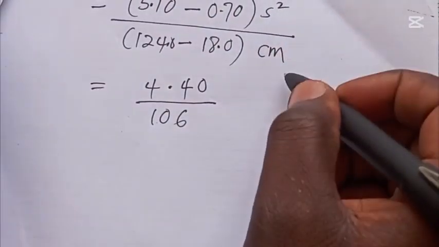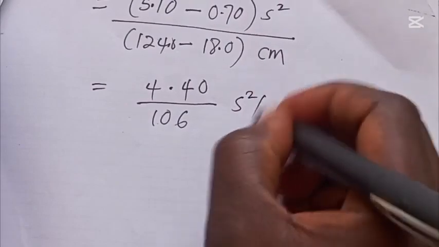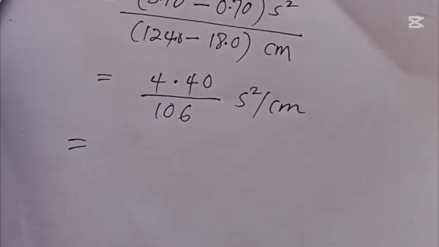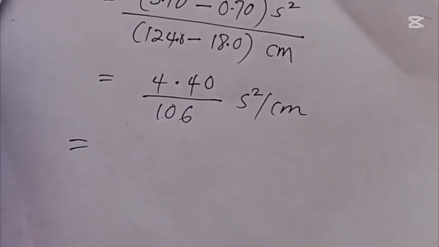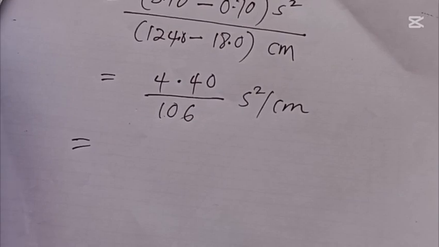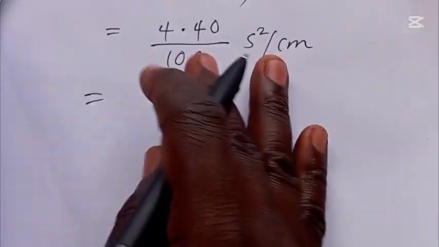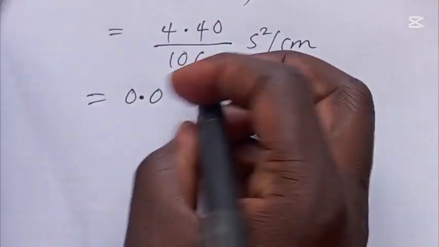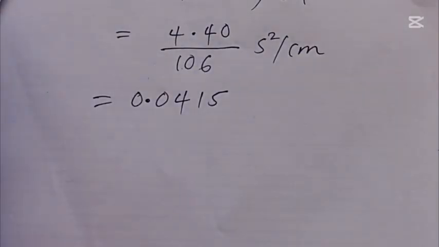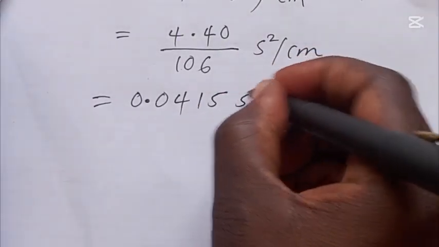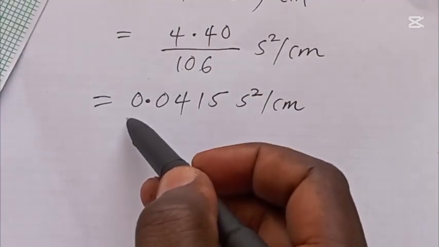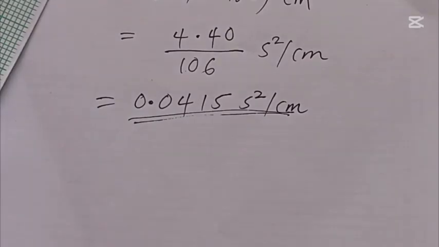Now we combine this unit. This is second squared per centimeter. Next, we divide the numerator by the denominator. 4.4 divided by 106 will give us 0.0415, correct to 3 significant figures, in second squared per centimeter. Now this is our slope.